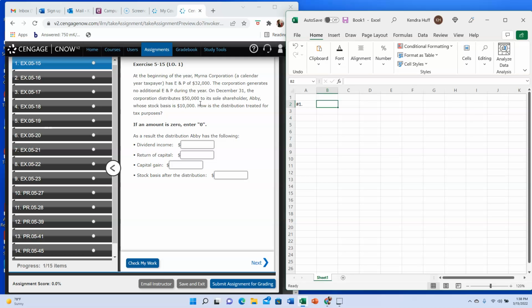All right, so they start off with $32,000 of earnings and profits, and they distribute $50,000 to Abby.